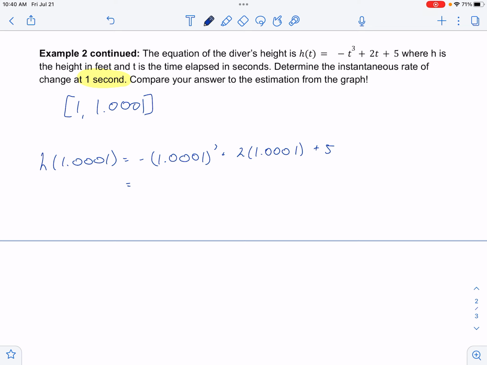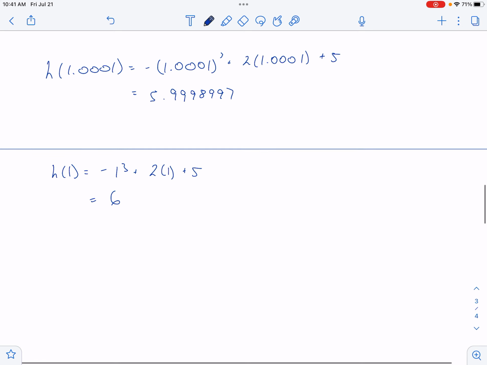Do this all on your calculator, and I'm going to get 5.99989997, something super precise. Let's find h(1) now. That'll be easier: −1³ + 2(1) + 5, which is −1 + 2 + 5 = 6.